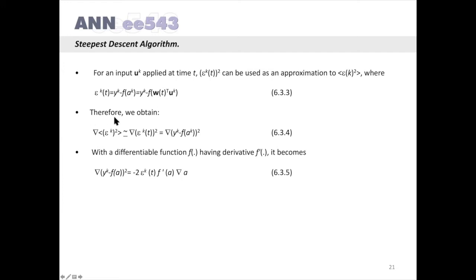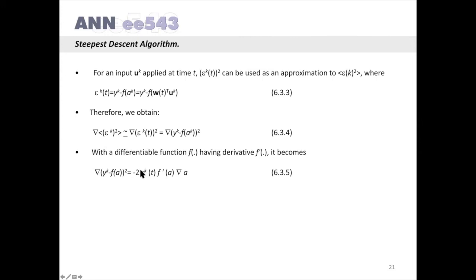This is the activation. Therefore, we obtain that the gradient of the mean of epsilon_k squared is approximately equal to the gradient of epsilon_k(t) squared, which is equal to the gradient of (y_k minus f applied at a_k) squared. With a differentiable function f having derivative f prime, the gradient of (y_k minus f(a))^2 is equal to minus 2 times epsilon_k, because it was epsilon squared.